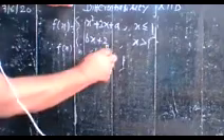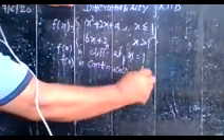Here it is given it is differentiable, so no doubt it is continuous at the point 1, and so you apply the condition of continuity. f(x) is differentiable at x is equal to 1, so f(x) is continuous at x is equal to 1.